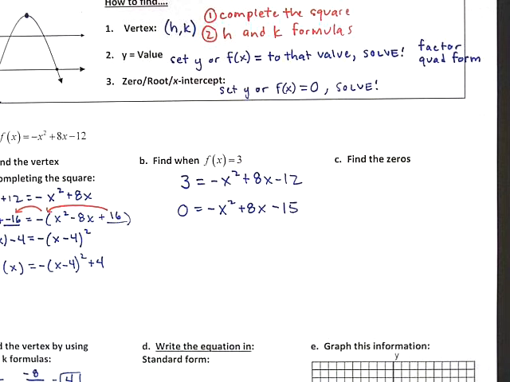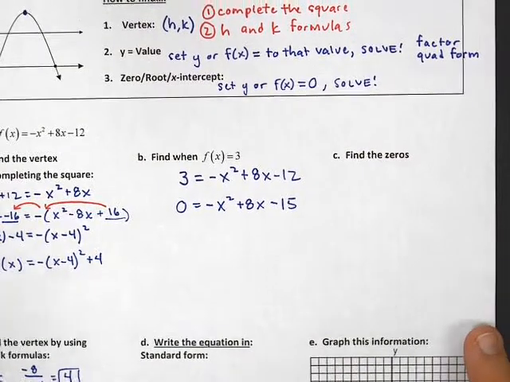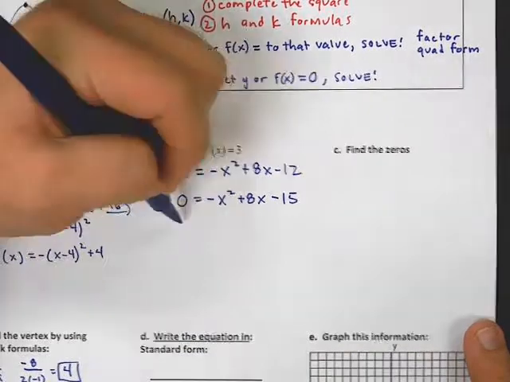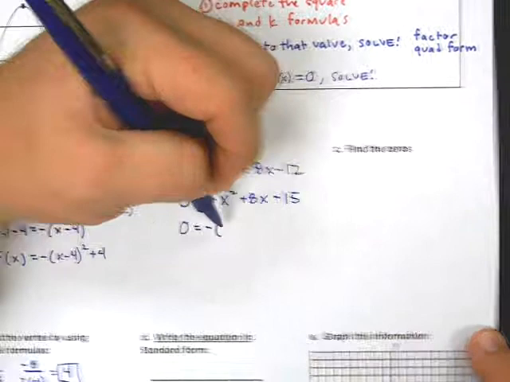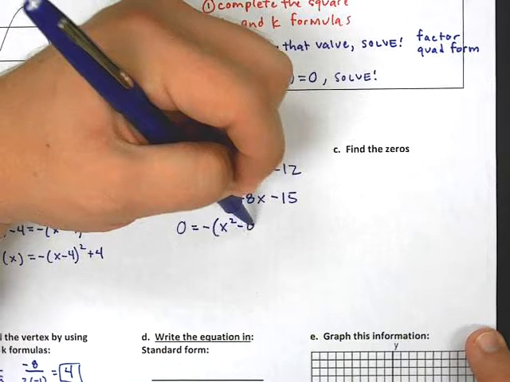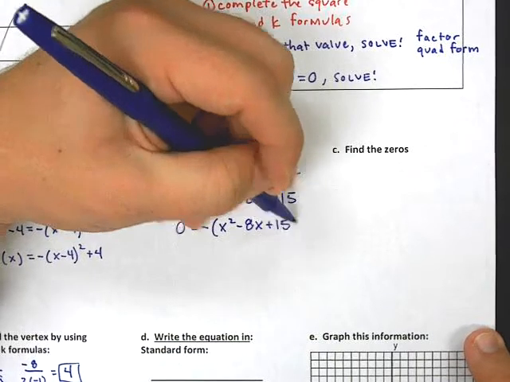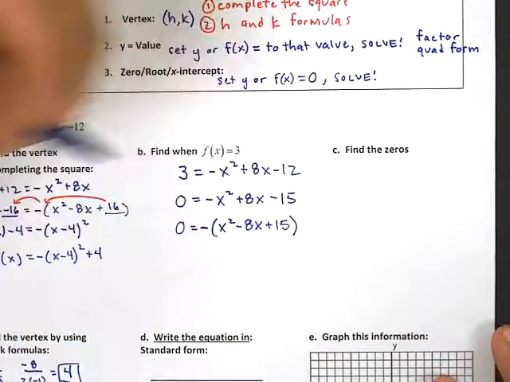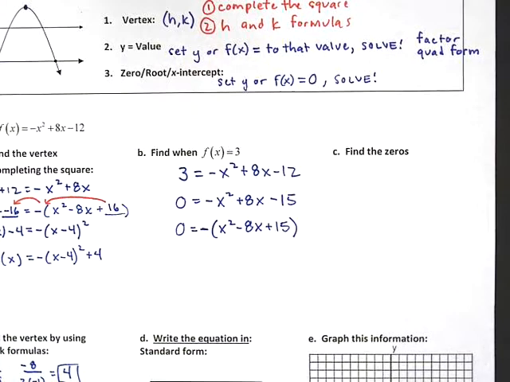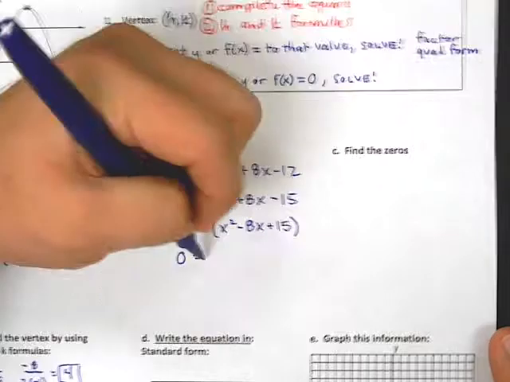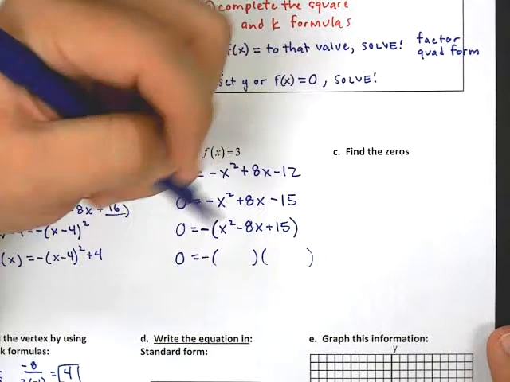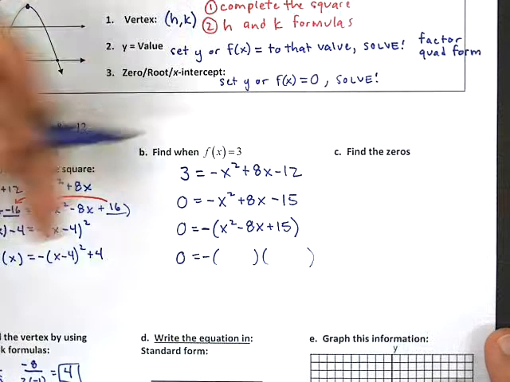All right, now one thing I would suggest doing to make this easier on yourself: factor out a negative. Keep the negative just so you understand what's going on, so you know that there's an a value still, but now we can factor this basically the exact same way. All right, that negative is now completely out of the picture.